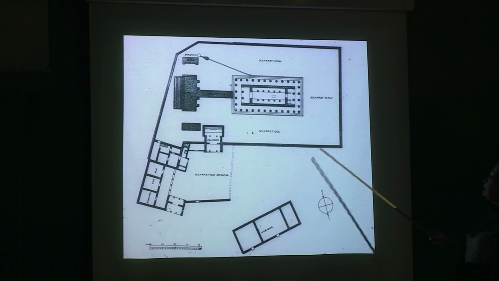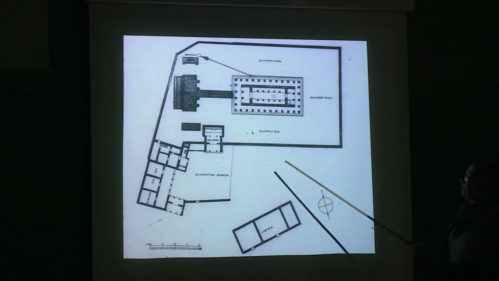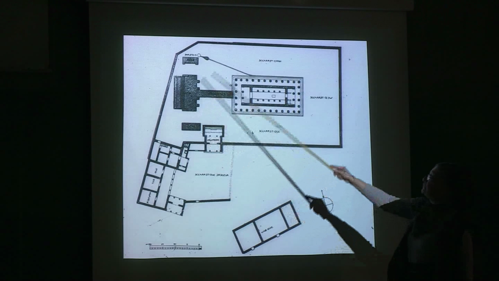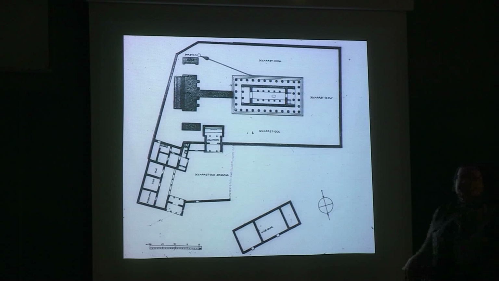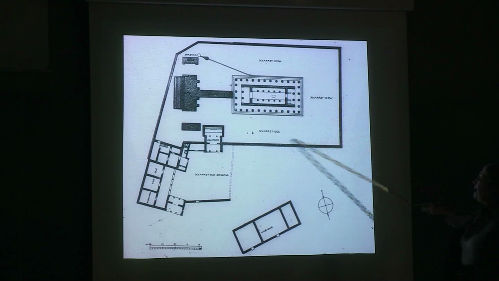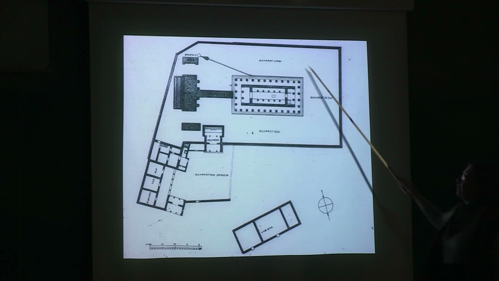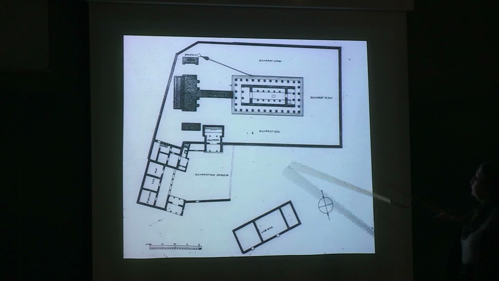So when we look at the temple of Aphaia in Aegina, you don't need to remember this name, we immediately notice that the colonnades of the temple are arranged in such a way vis-a-vis the entry to the sacred precinct, the temenos of the temple. You can't enter the sacred precinct from any point you desire.